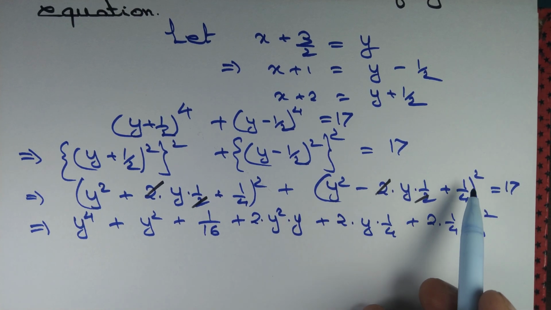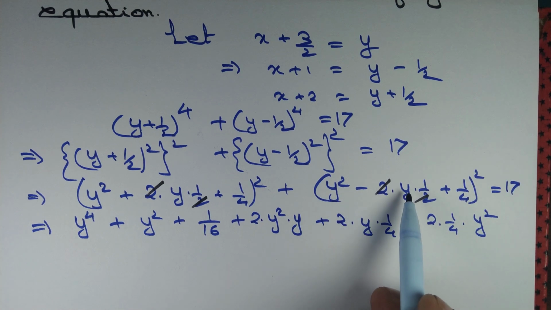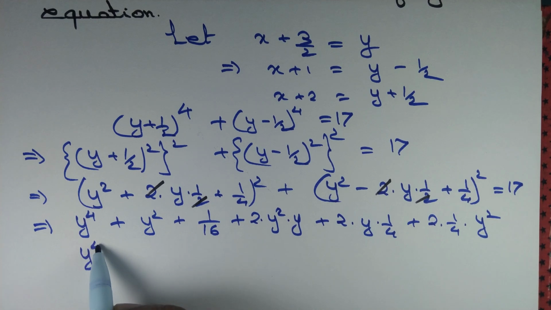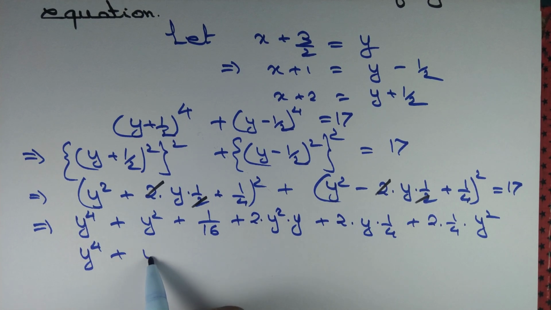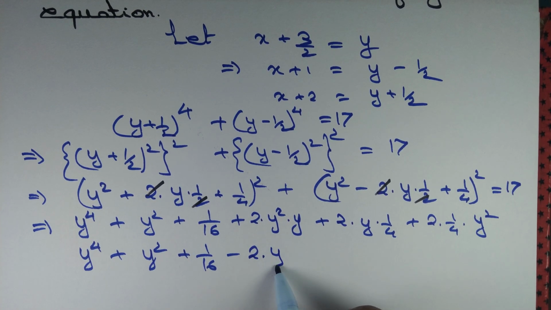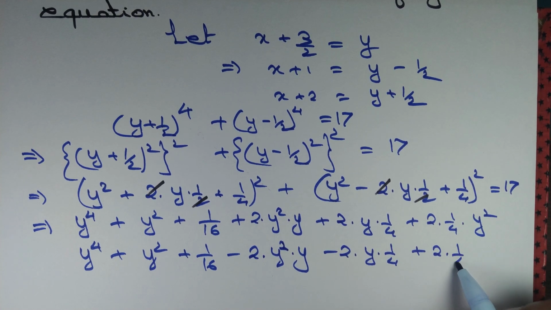The same we do for this one, (a + b + c)^2 where we assume b to be negative: a^2 plus b^2, which is y^2, plus c^2, 1/16, minus 2 into y^2 into y, minus 2 into y into 1/4, plus 2 into 1/4 into y^2, equal to 17.